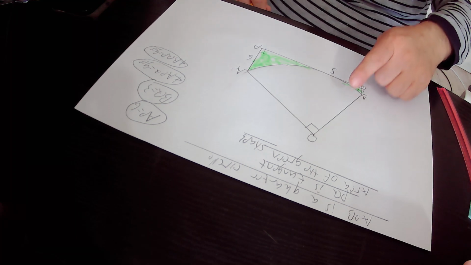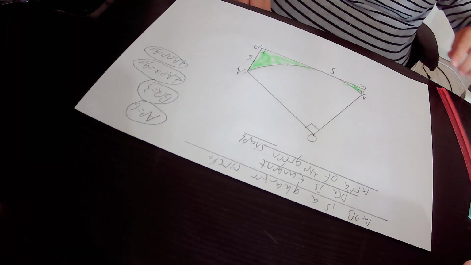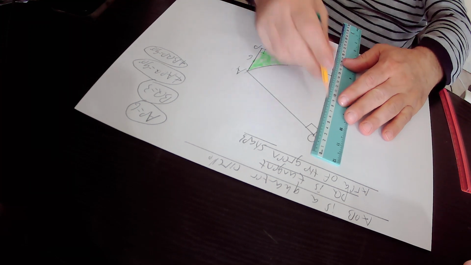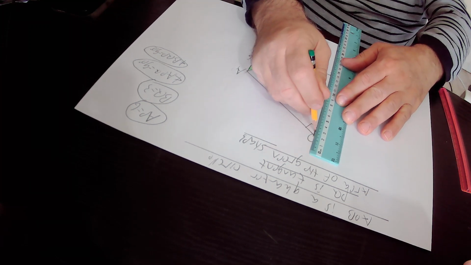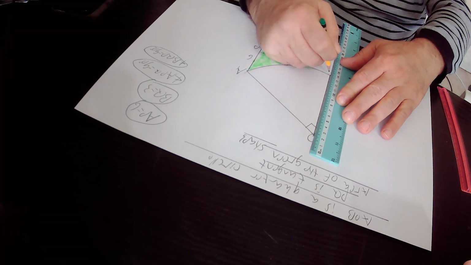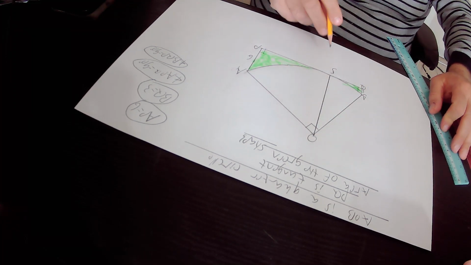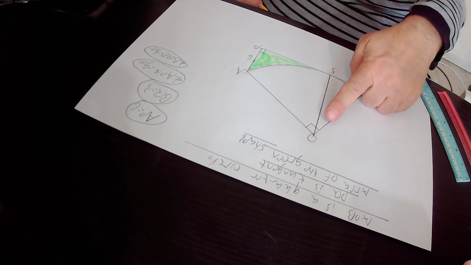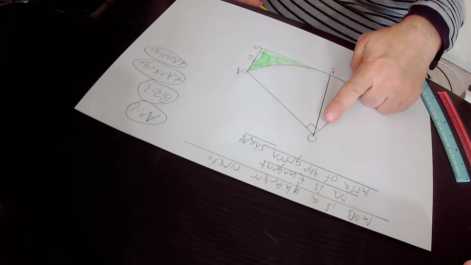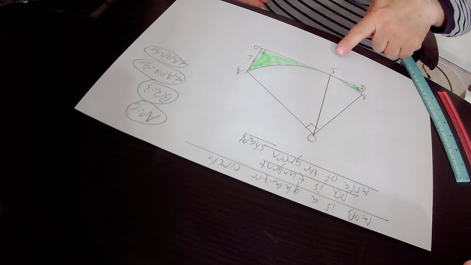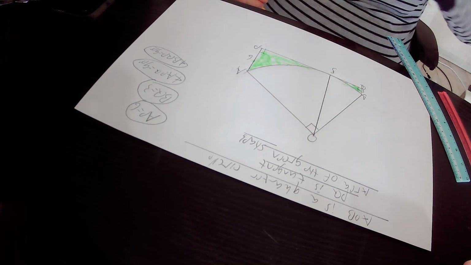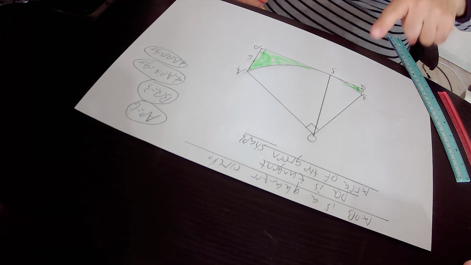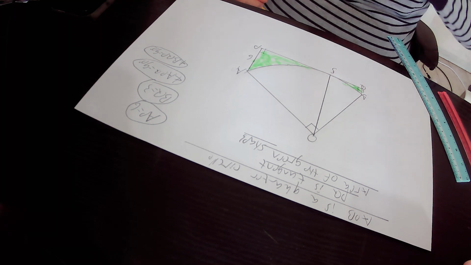In the next step, we join points O and S together by a straight line. What is the definition of line segment OS? Line segment OS starts from point O, that is the center of the quarter circle, and ends at point S, that is the point on the quarter circle itself. This is exactly the definition of a radius. Therefore, OS is the radius of this quarter circle.